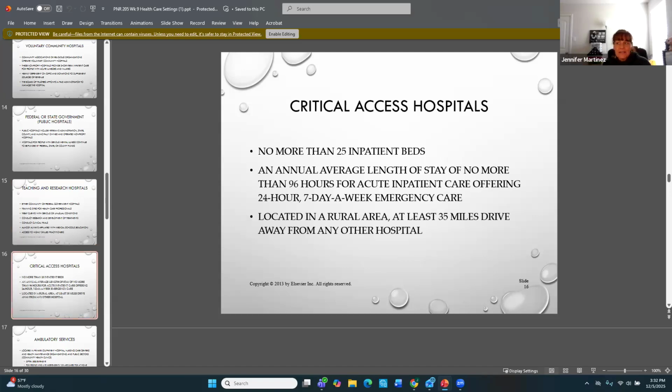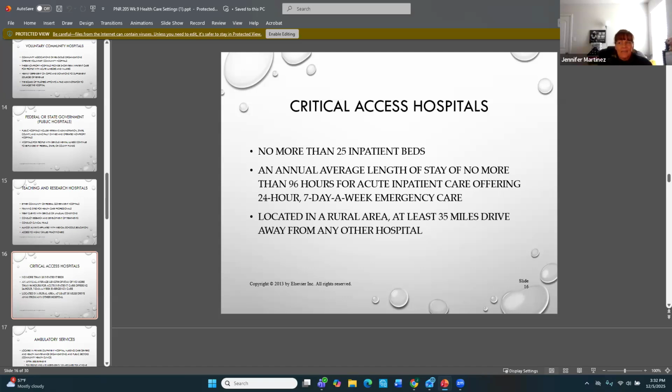Our critical access hospitals. These are very small, and they're usually located in more of our rural areas. There's no more than 25 inpatient beds.